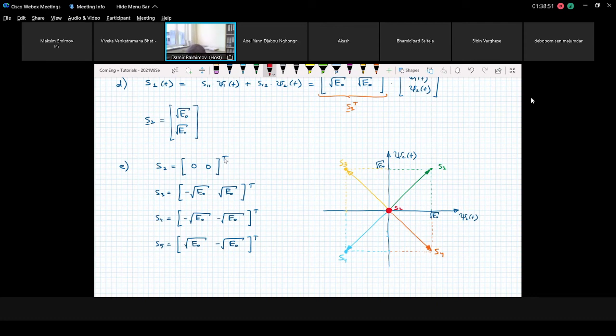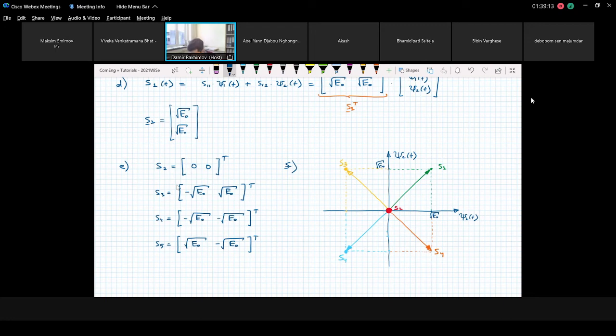This result corresponds to part F actually, because in part F they asked us to draw the signal space diagram, but we also have to complete part E. Now let's go back to part E and let's plot time domain signals for all these 4 remaining signal vectors.